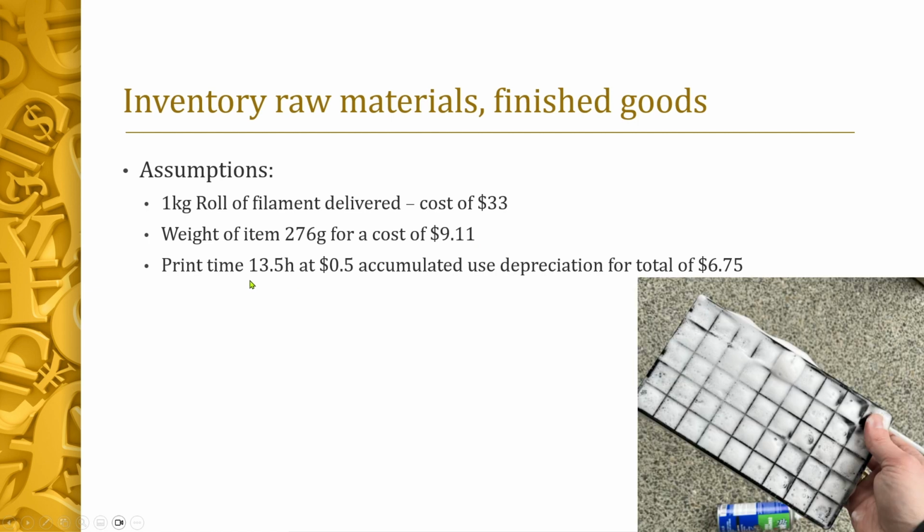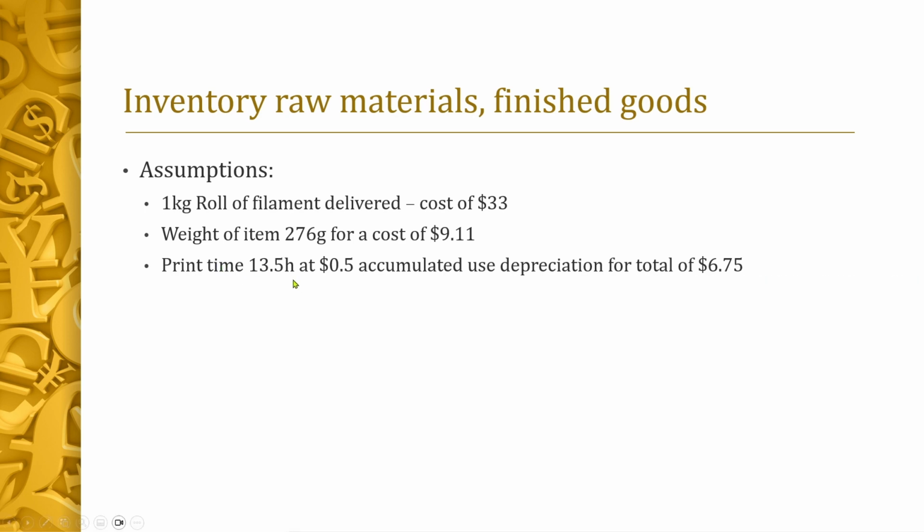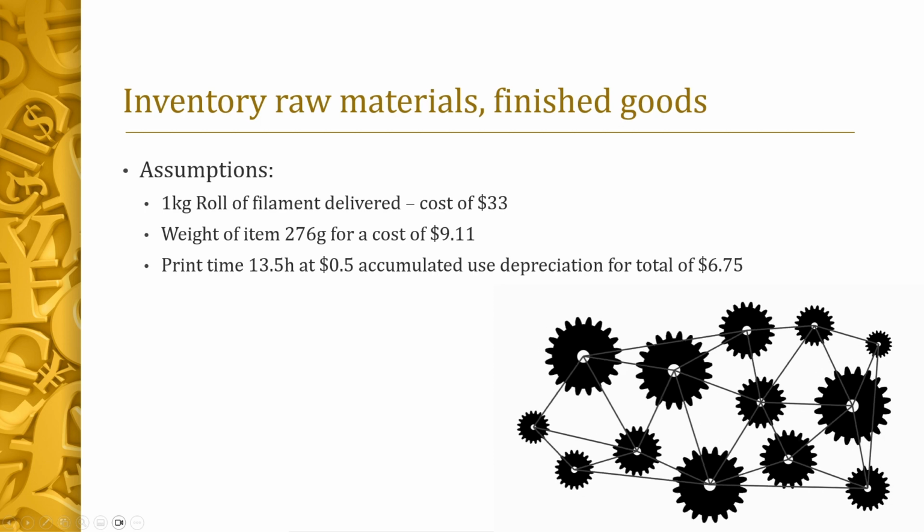It's an evaporator cleaner tool so that your car smells fresh, and it takes about 13 hours to print. At $0.50 an hour, that's going to be an accumulated depreciation of $6.75, and together with the filament, this is going to form a basis for my cost of goods sold.